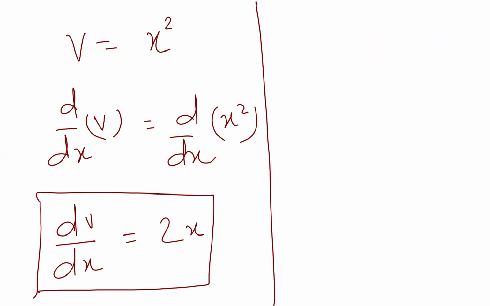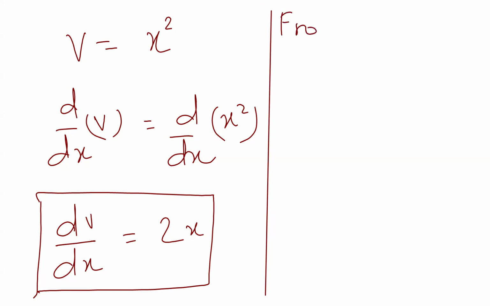Now go back to equation number 1. From 1, du by dv. Now what is du by dx? du by dx is u log sin x plus x cot x.